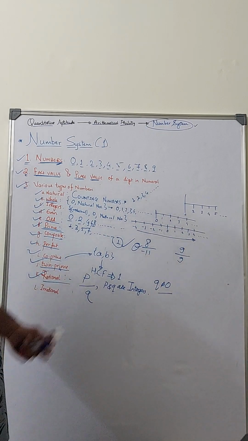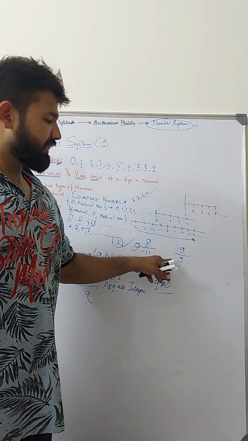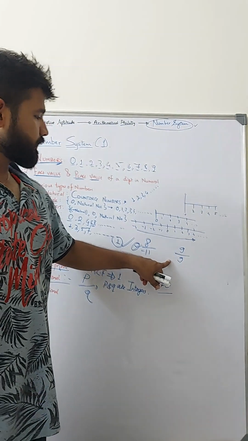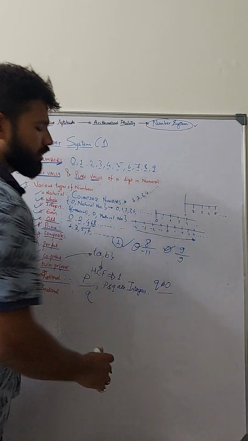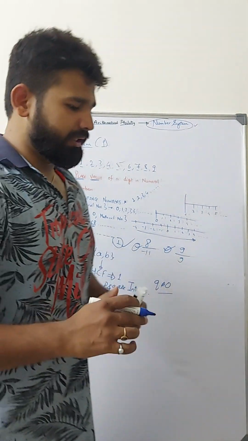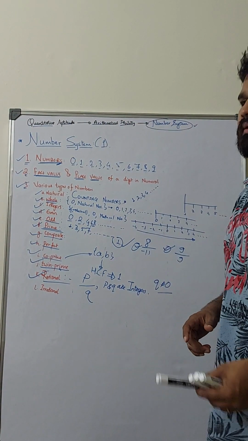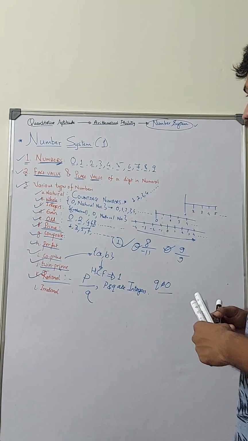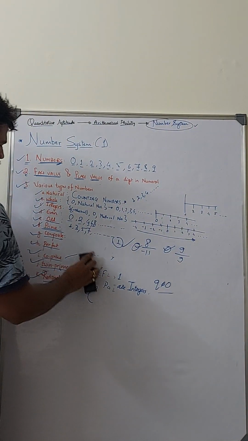We will say it is 1. But still, we can make it into the form of p by q. So p is 9, q is 9, and q is not equal to 0. Both are integers, true. This is also a rational number. So any number which can be written in the form p by q, where p and q are both integers and q is not equal to 0, is called a rational number. I hope this is also clear.